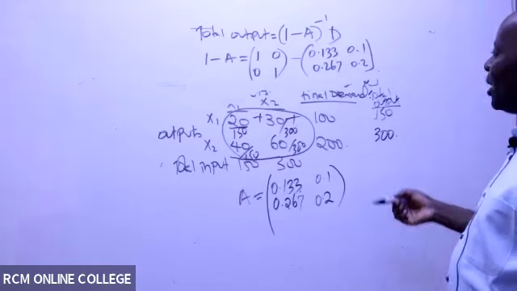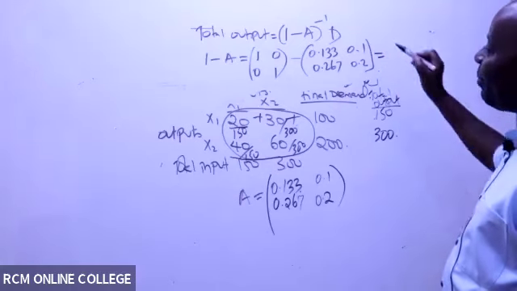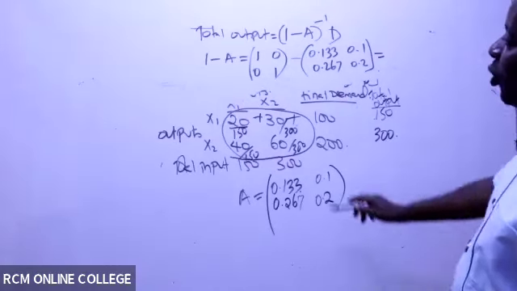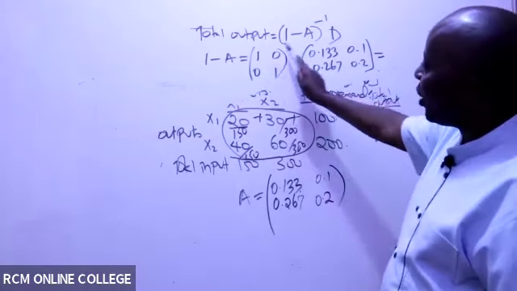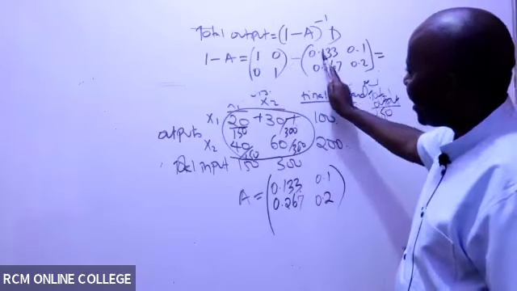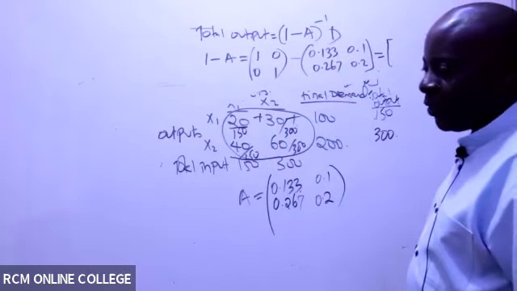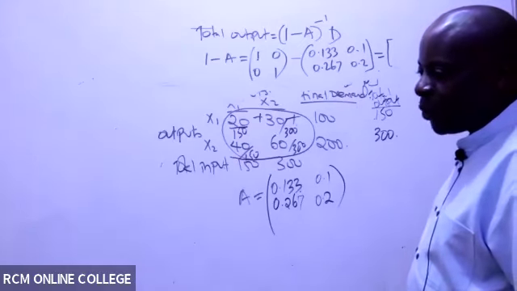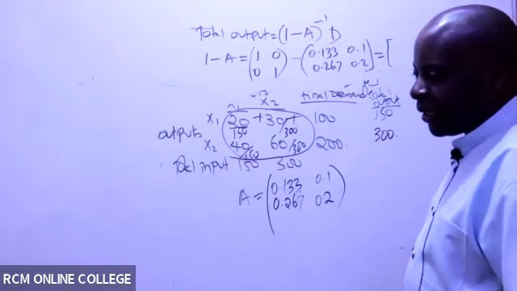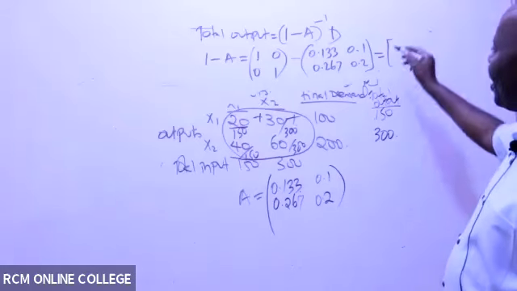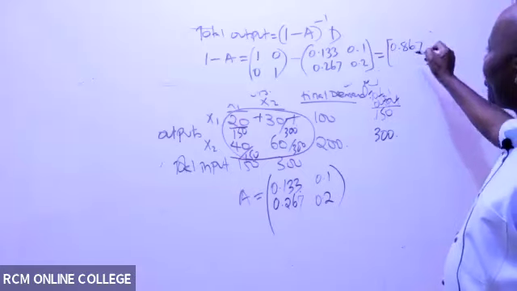Is there somebody who is able to subtract for us pretty fast? Because we're getting I minus A. Remember, it is about corresponding elements. So you say 1 minus this, give me an answer. According to Jacinta, 0.867.